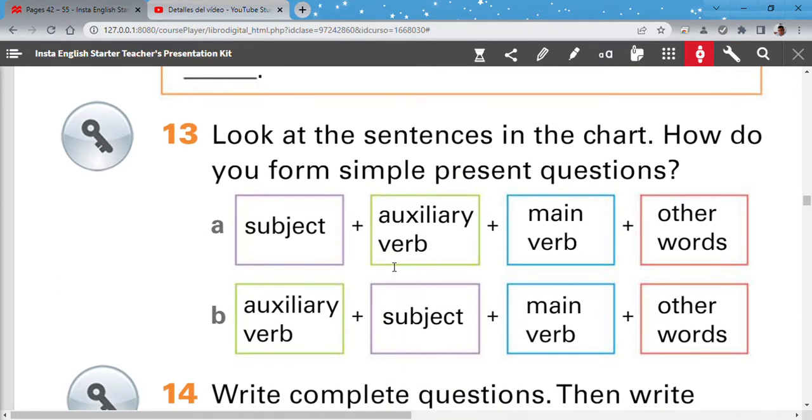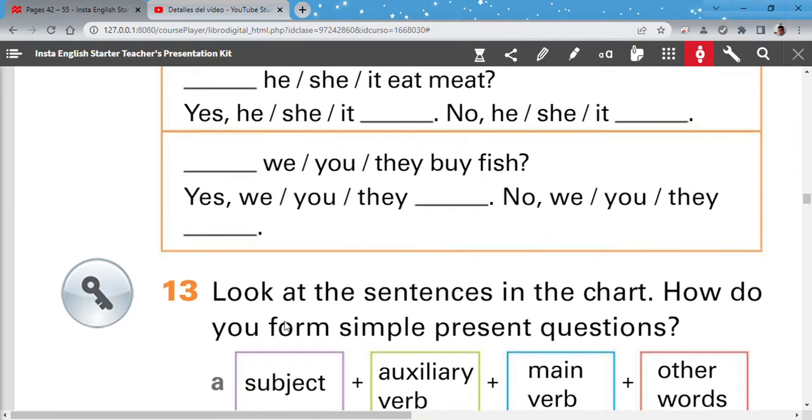Now, number 13. Look at the sentences in the chart. How do you form the simple present in questions? You have two options, letter A and B. Letter A says subject, auxiliary verb, main verb, other words. Or B, auxiliary verb, subject, main verb, and other words.